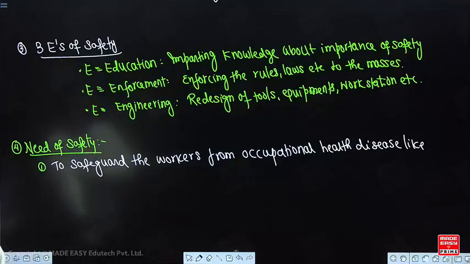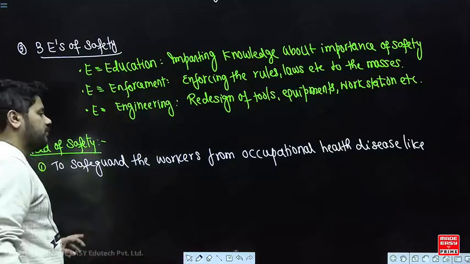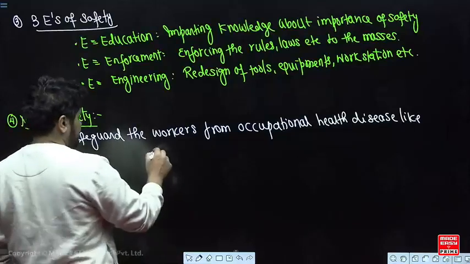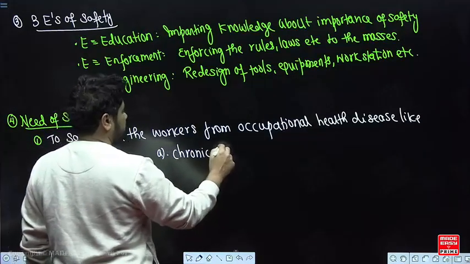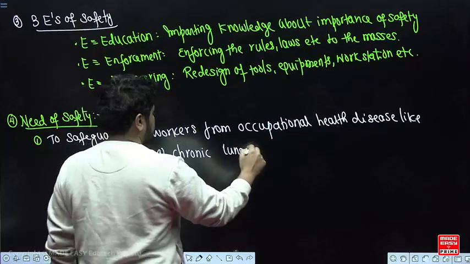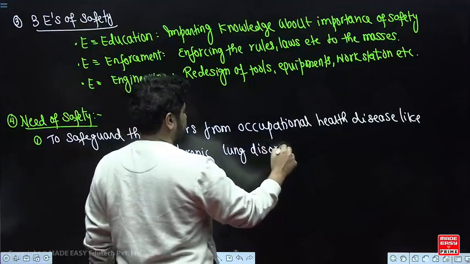The health issue that comes because of the work a person does is called occupational health disease. Like, number A, chronic lung disease and chronic lung disorders. When does this happen?